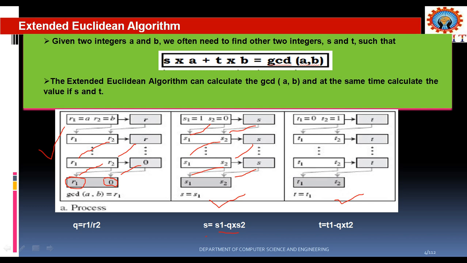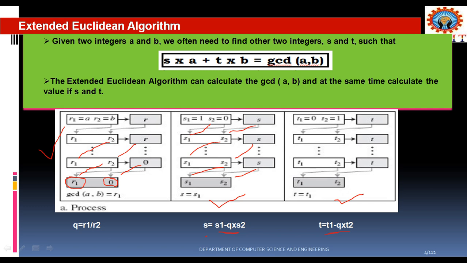In a similar way, we can calculate the t value using the third part. Here, the initial values are t1 equal to 0 and t2 equal to 1. After that, calculate t using this formula: t is equal to t1 minus q into t2, t1 minus the quotient times t2.